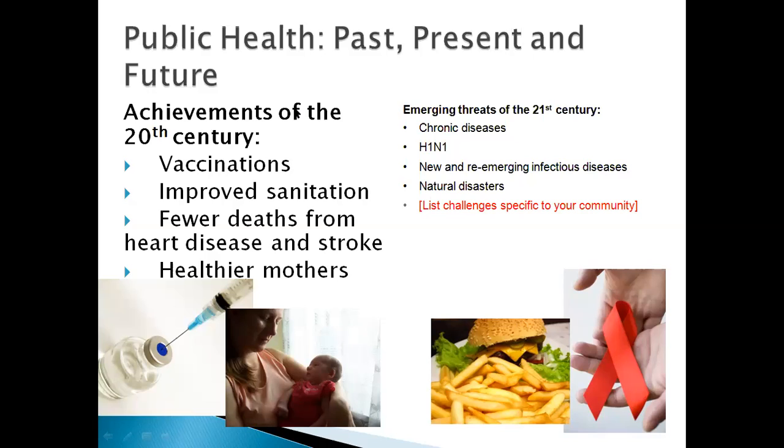So public health: past, present, and future. Achievements of the 20th century in public health are vaccination, improved sanitation in cities, urban areas and rural areas, fewer deaths from heart disease and strokes, and healthier mothers.